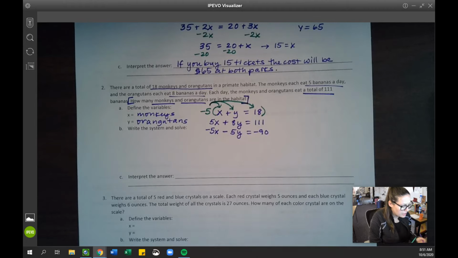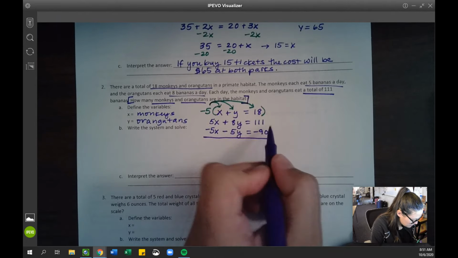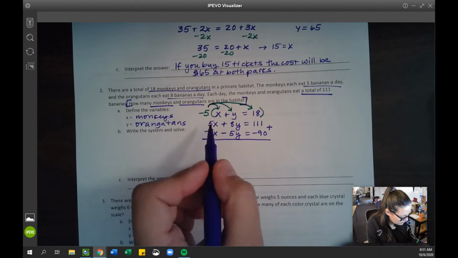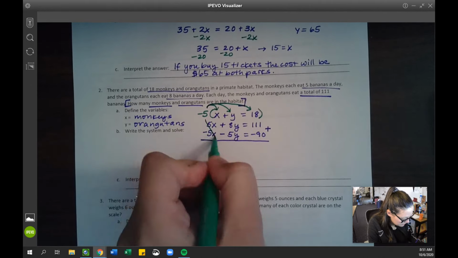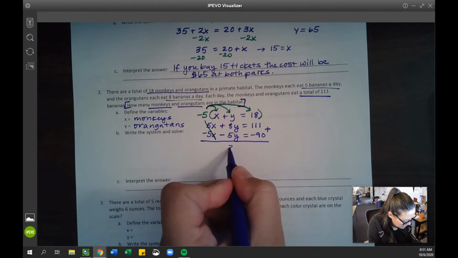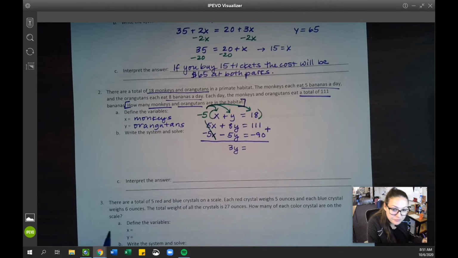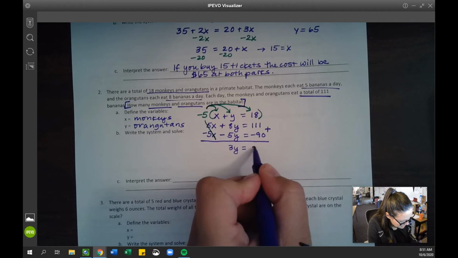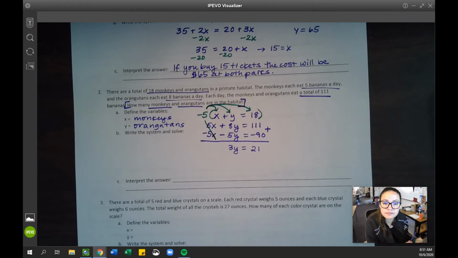Okay, now I'm going to add these two together. The 5x and the negative 5x eliminate. 8y and negative 5y is 3y. 111 plus negative 90 is 21.